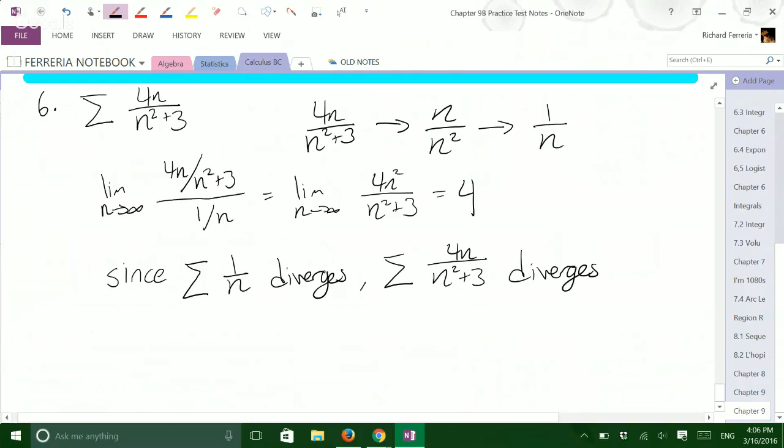Remember that the limit comparison test says that the two series are going to do the same thing. So if one of the series converges, the other series converges. If one of the series diverges, as is number 6, then the other series in number 6 will also diverge. It's not always converge, it's not always diverge. It's the two will do the same thing.